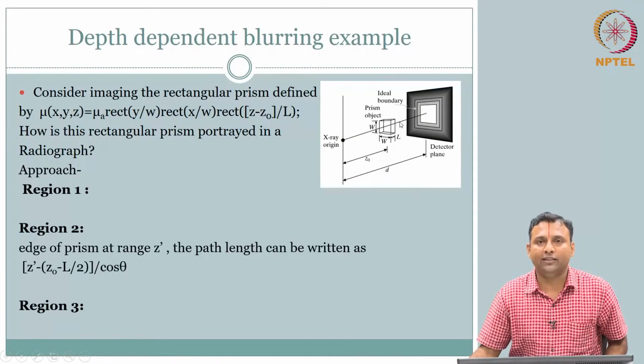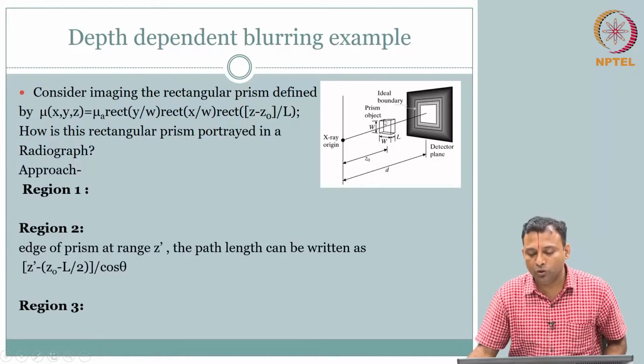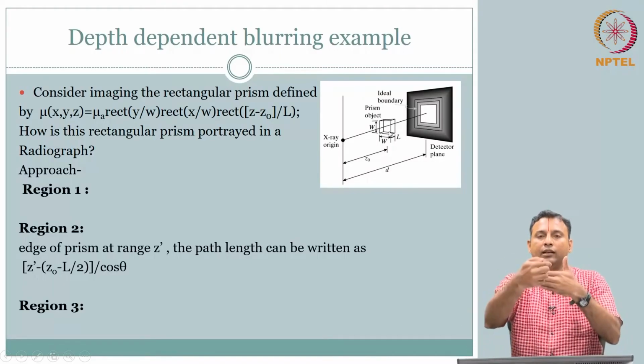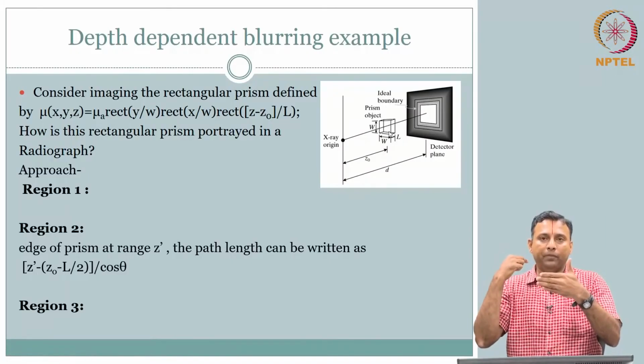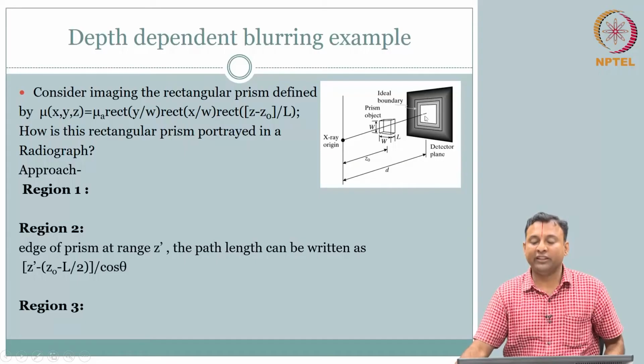We already wrote it. It is going to be that exponential with different path length, e power minus mu L by cos theta. When the X-ray passes entirely through the prism, front and back, then I already know how to write my imaging equation.